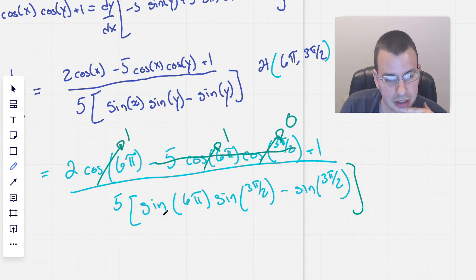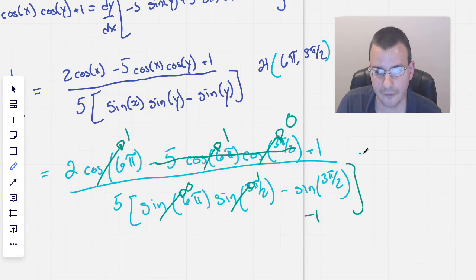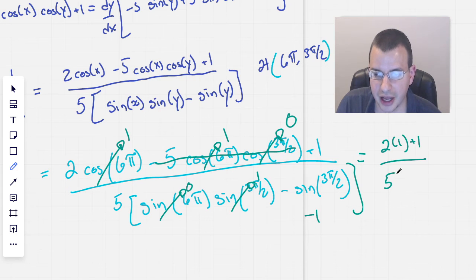Sine of 6π is going to be 0, so that term doesn't matter because it's multiplied by 0. And sine of 3π/2 will be negative 1. So we're left with 2 times 1 plus 1, all over 5 times negative 1.